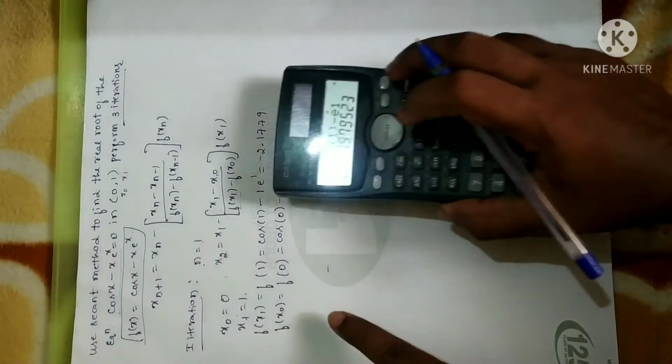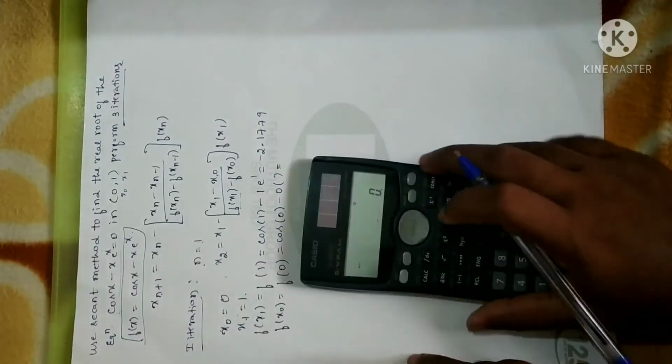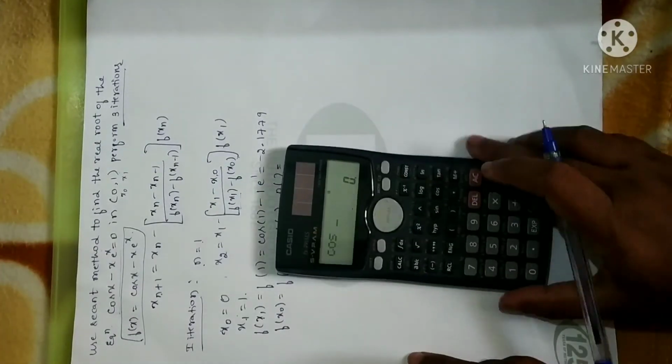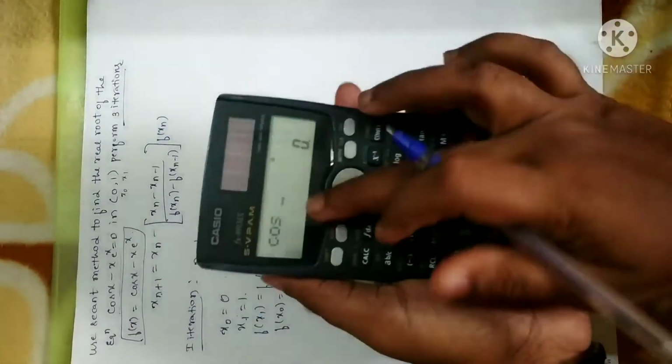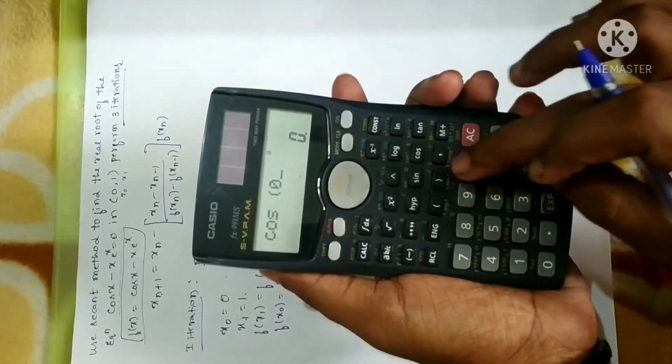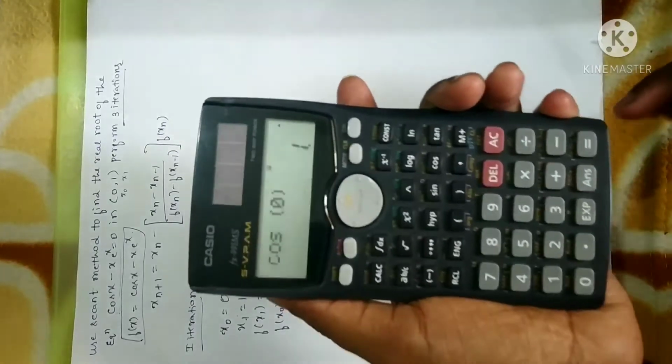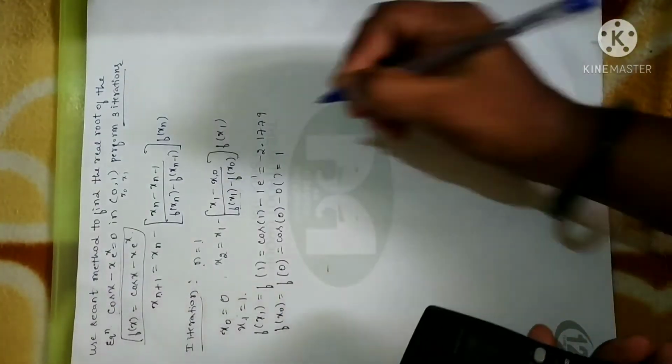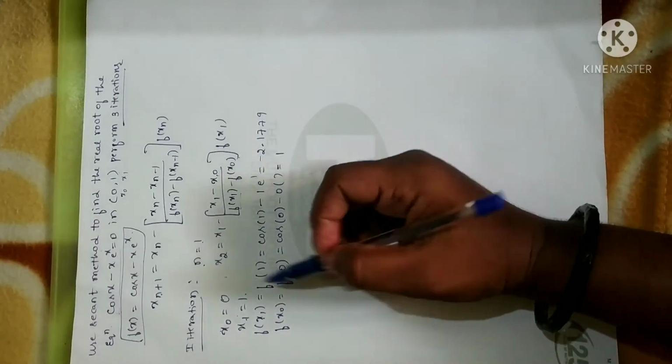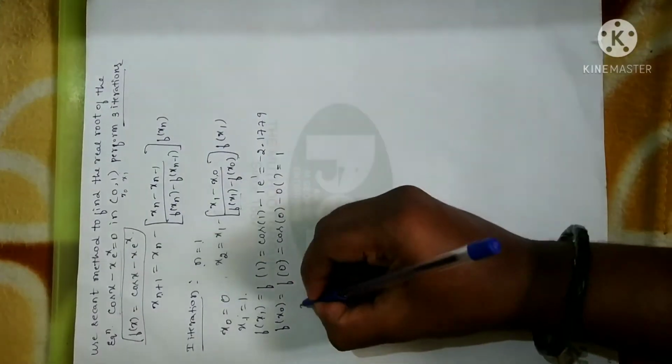I know you may not remember the values of sine and cos. Not a problem, you can calculate using the calculator. See here, cos of open bracket 0 close bracket plus equals. It will show you the value, it is 1. Fine. Once you obtain all the values, you just substitute in the iteration formula.